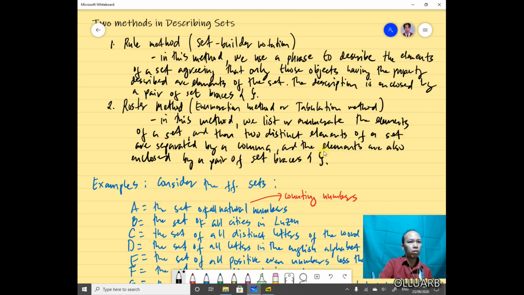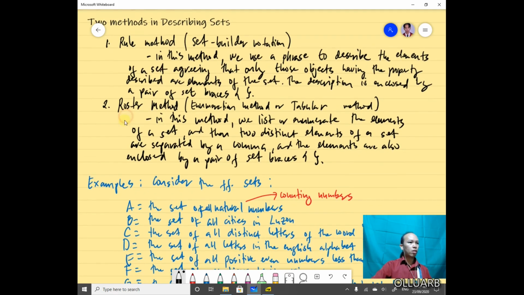Tabular method, sorry, it's tabular method. Okay, in some other books it says here that, I will discuss first this roster method or enumeration method or tabular method. I will discuss this first because this is easy to understand.